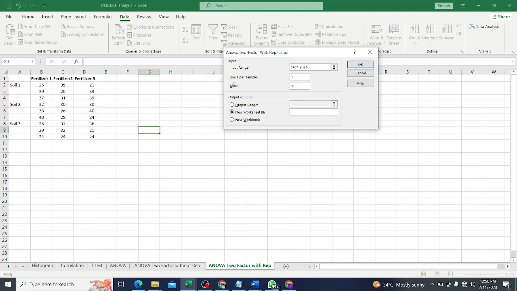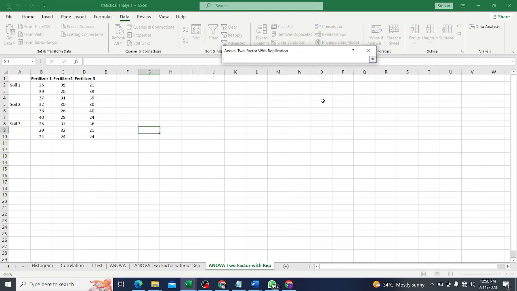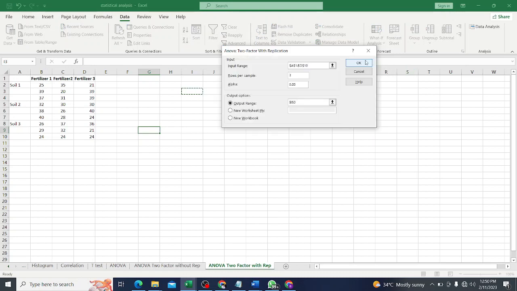Now we have the alpha, which is 0.05 by default, so we'll just leave it at that. Then the output options: we check this box and then select the cell where we want the result to be. Once that is done, everything is set here.